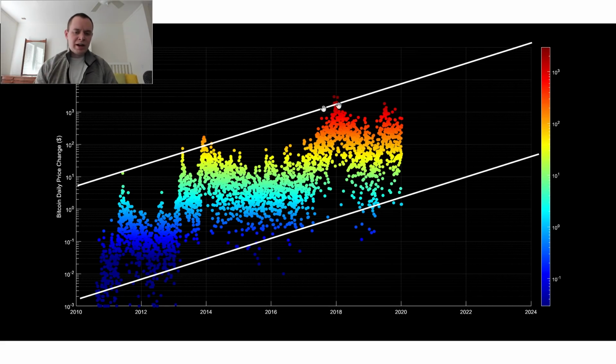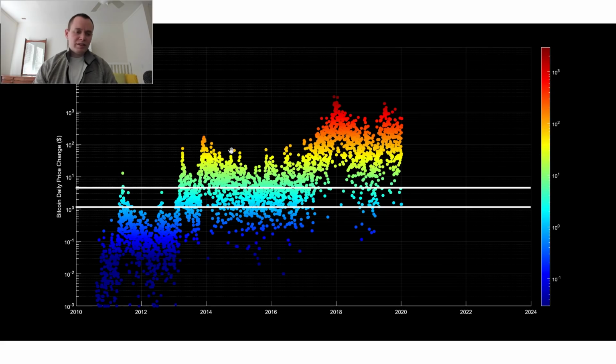Notwithstanding that, you can still see the general changes in levels of Bitcoin daily price changes. For instance, in the first market cycle, we peaked at daily price changes between say $1 and $4 or $5.